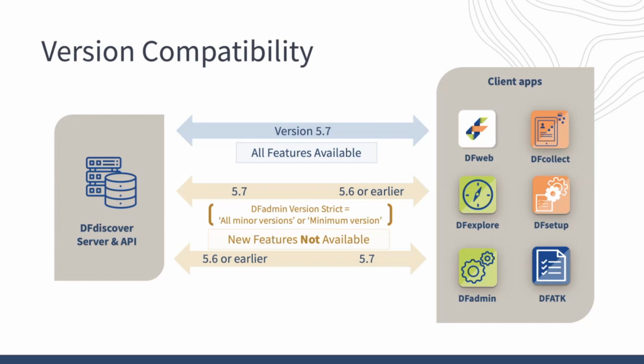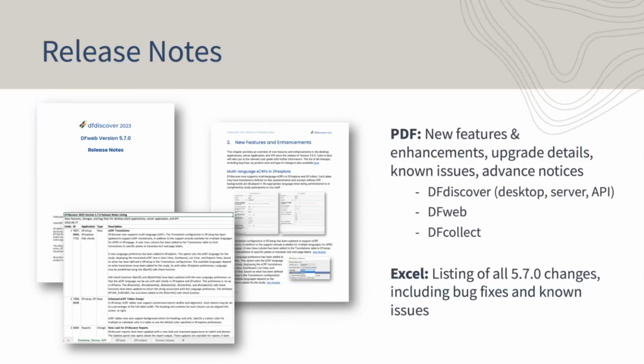A lot of the details around what's supported and what the new features are versus enhancements are explained in the release notes. We have a bit of a new format for this release. We have PDF files and a separate Excel file. The PDFs cover all of the new features and the enhancements. They have more details on the upgrade process, known issues, and advanced notices about changes coming in future versions. We have 3 separate PDFs for that.